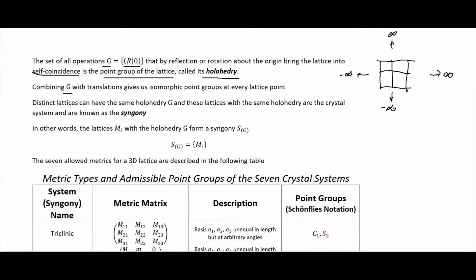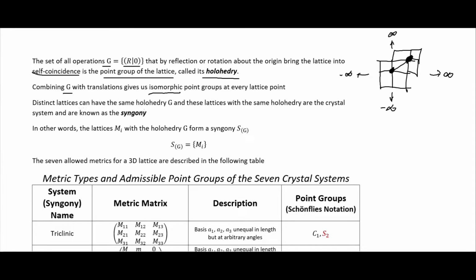So what this is saying is that if we have some symmetry at this point here, if we then translate to this point here, and this would be sort of extending off to infinity here, the symmetry would be the same at this point as it is at this point. So every translation brings us to another point where the symmetry is isomorphic to the, I guess, origin point.